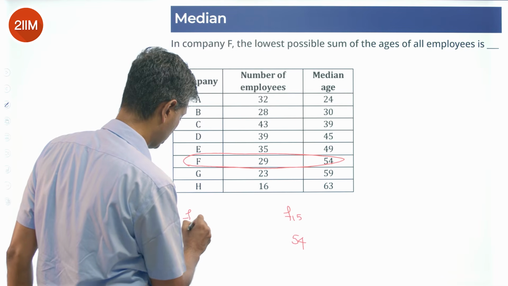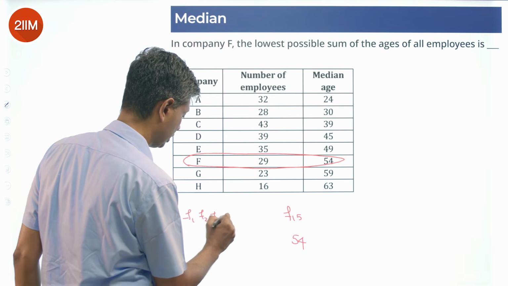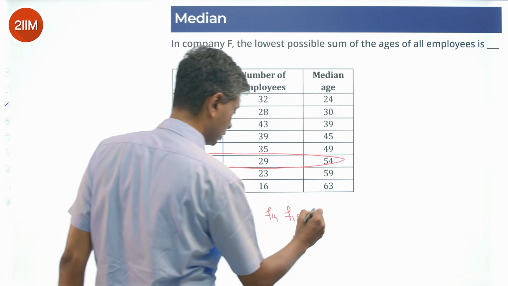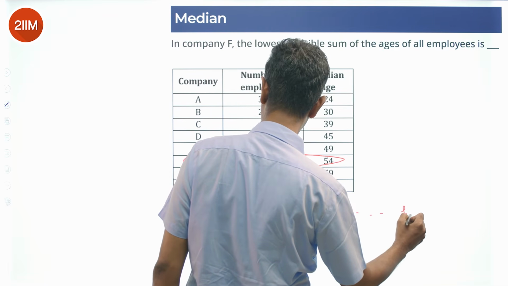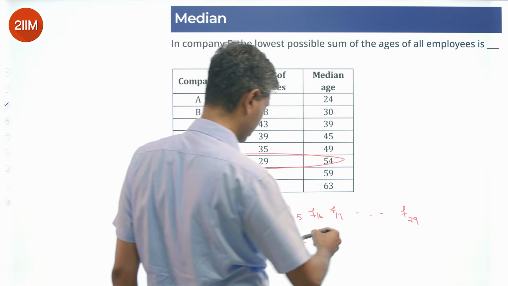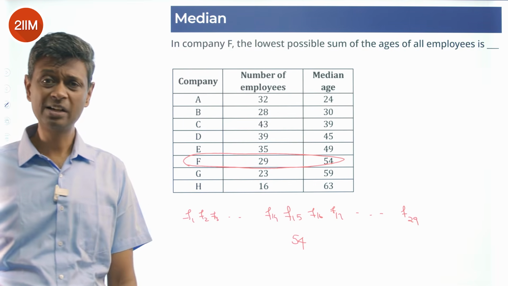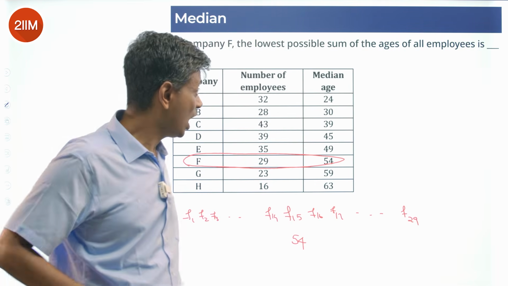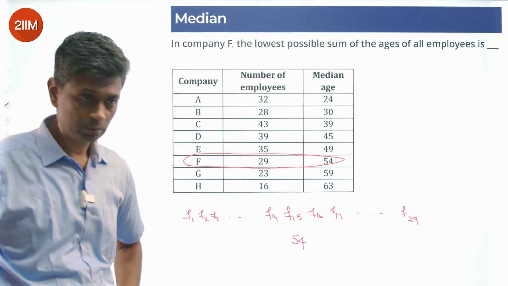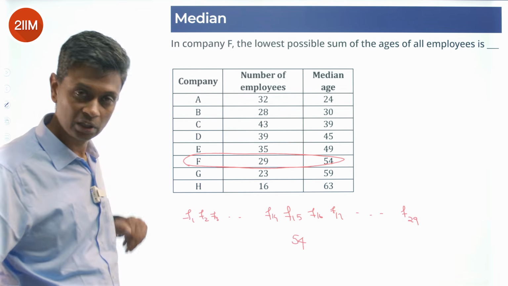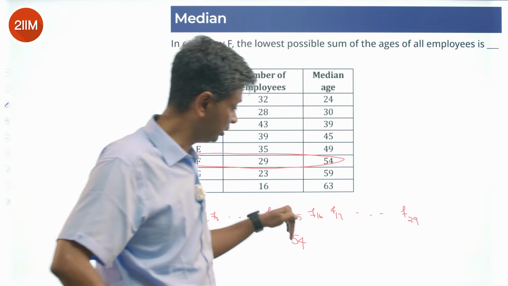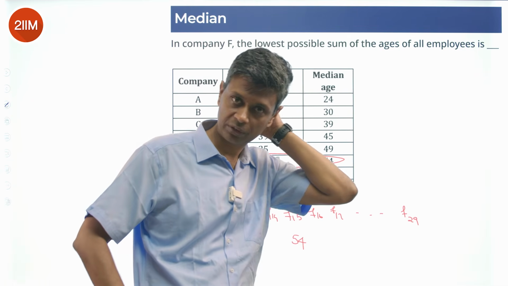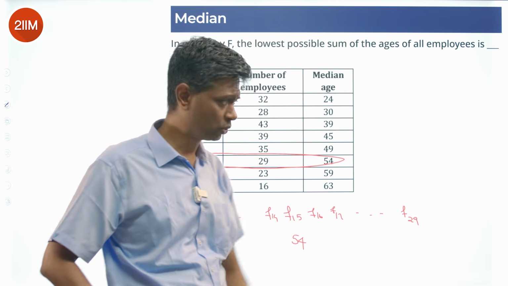I have F1, F2, F3 till F14, F16, F17, all the way till F29. 14 elements this side, 14 elements this side. The middle term is 54. I'm very happy. I want the total to be as low as possible. All these numbers are less than or equal to 54. All these numbers are more than or equal to 54. Nice, so far so good.